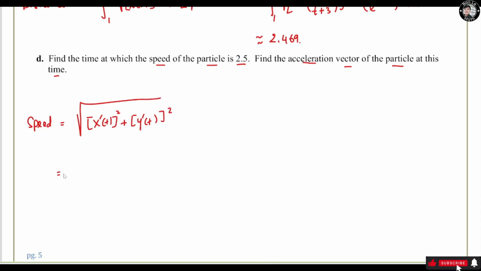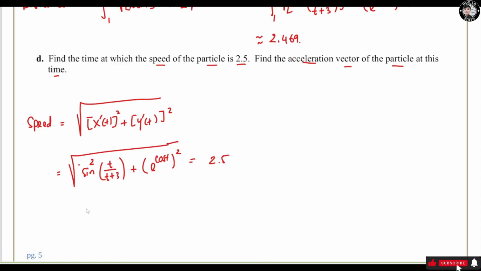And then it's going to be the square root of (sine of t over t plus 3) altogether squared plus (e to the cosine of t) altogether squared, equals 2.5, right?